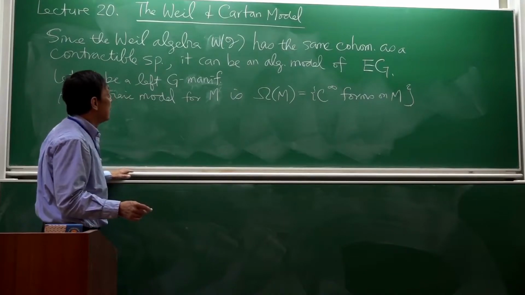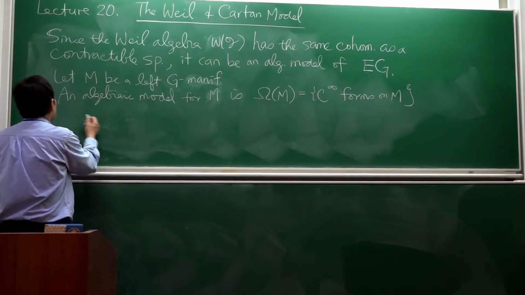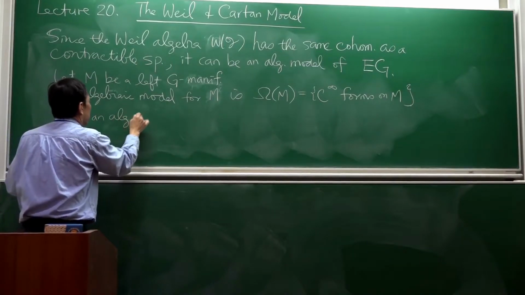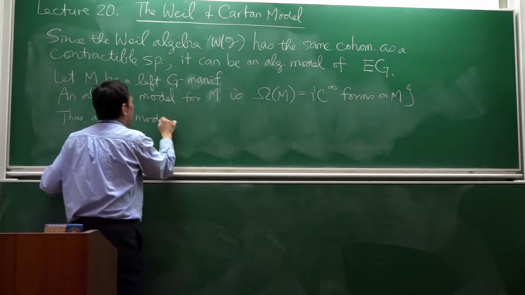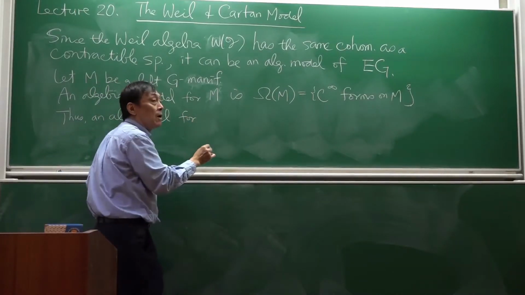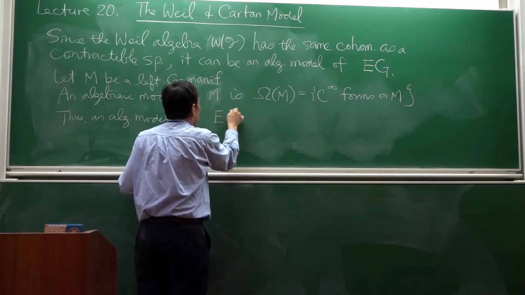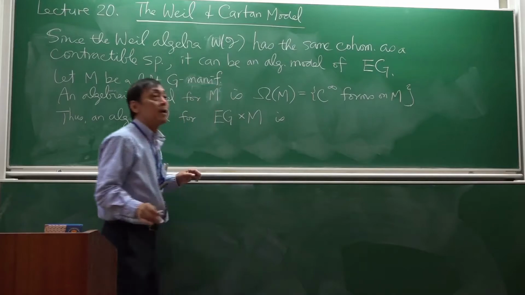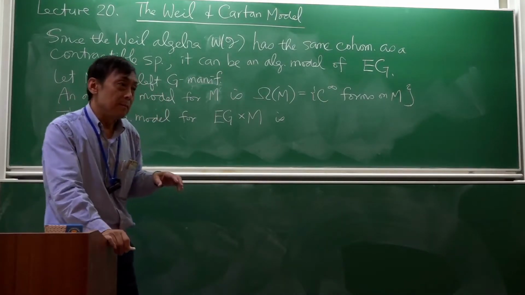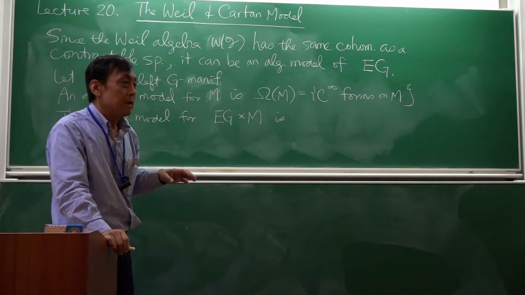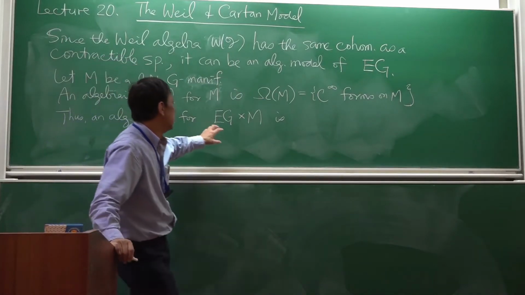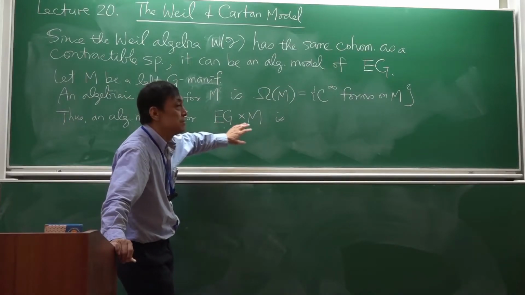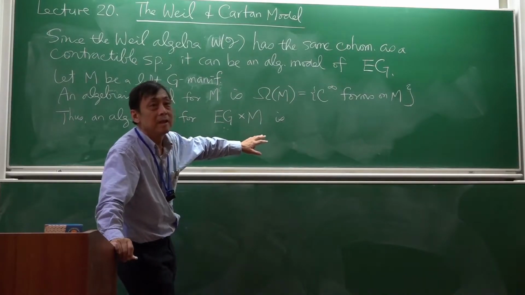Okay, and then an algebraic model for the Cartesian product is, so how do you compute the cohomology of the Cartesian product?